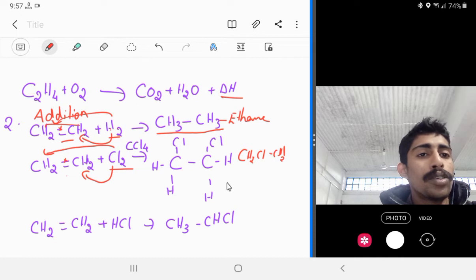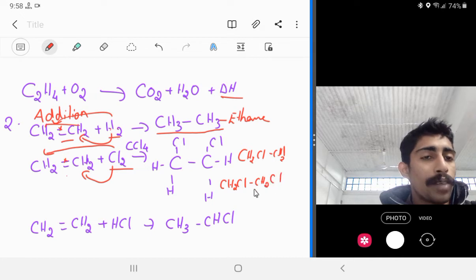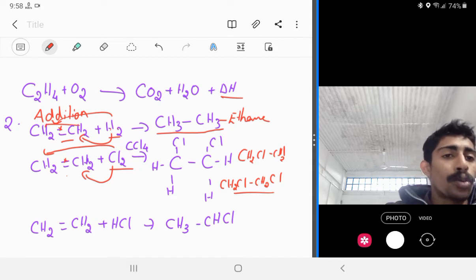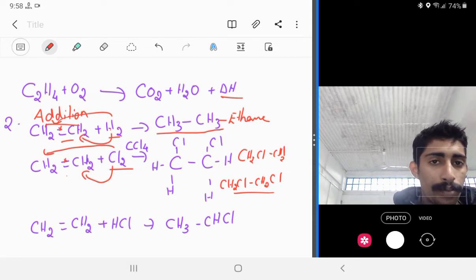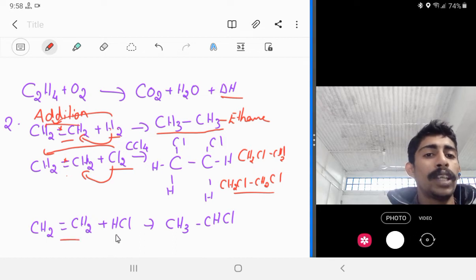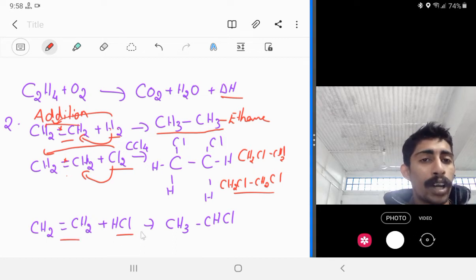Got it? That compound is dichloroethane.